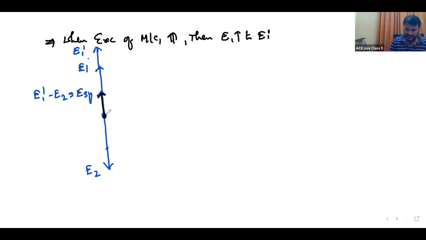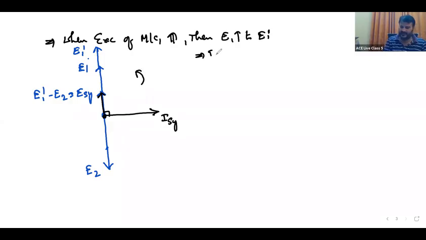When that is ESY, this will be ISY. ISY always lags ESY by 90 degrees. Why?